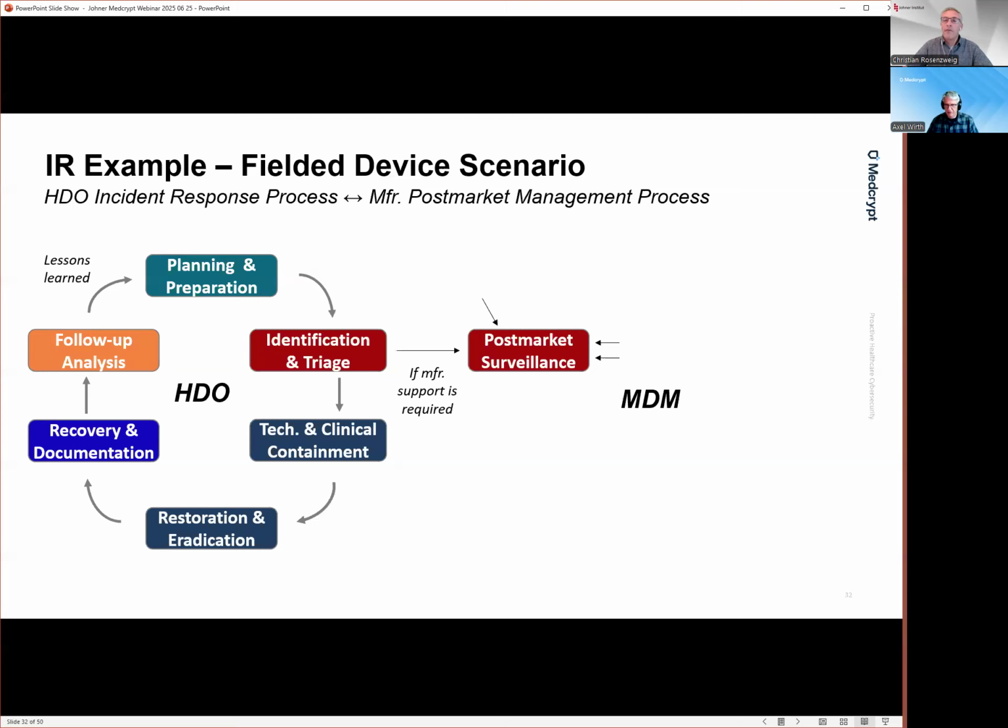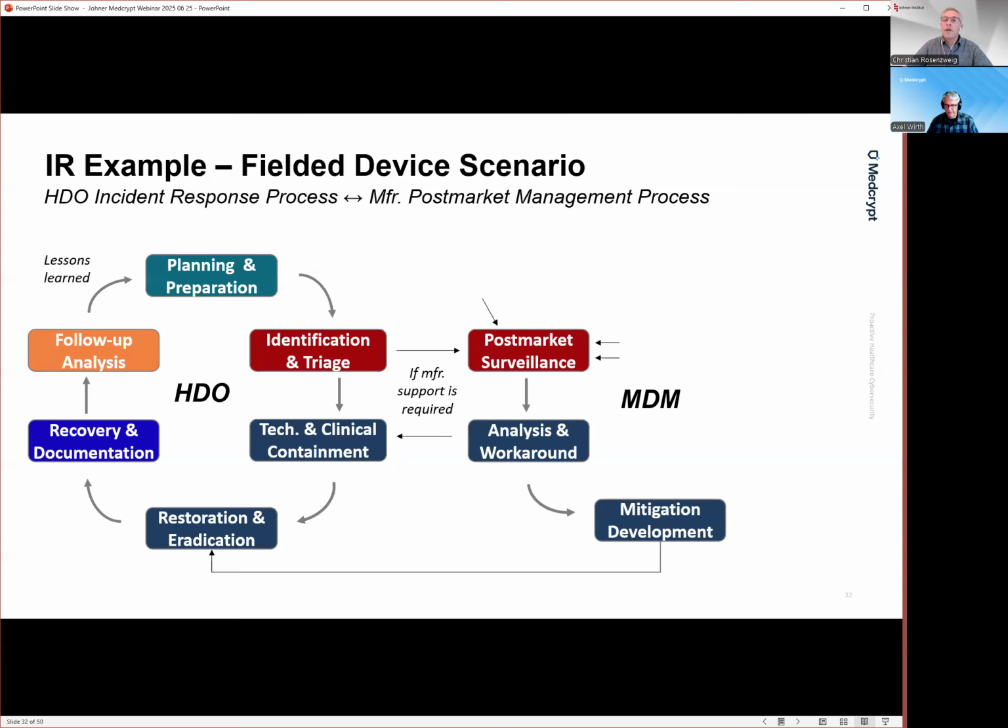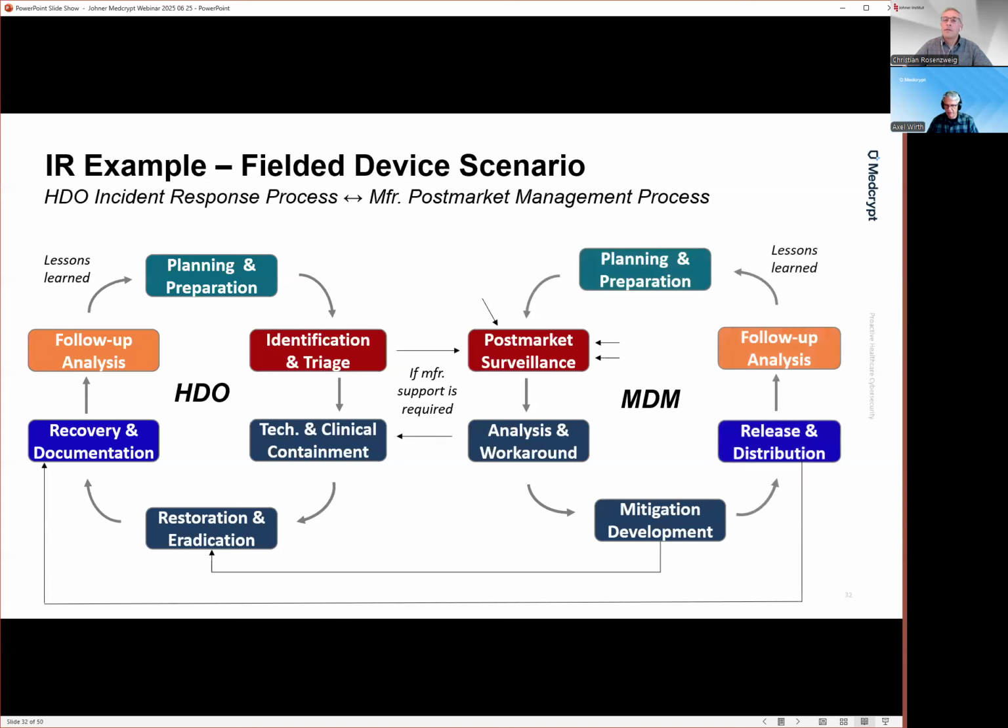And that then kicks off the manufacturer's incident response process, which is very similar, included analysis, development of a mitigation, a final fix in form of a patch or an update, and then also, again, a follow-up analysis and a lesson learned, so that this incident response plan, as it relates to customer incidents, is improved.